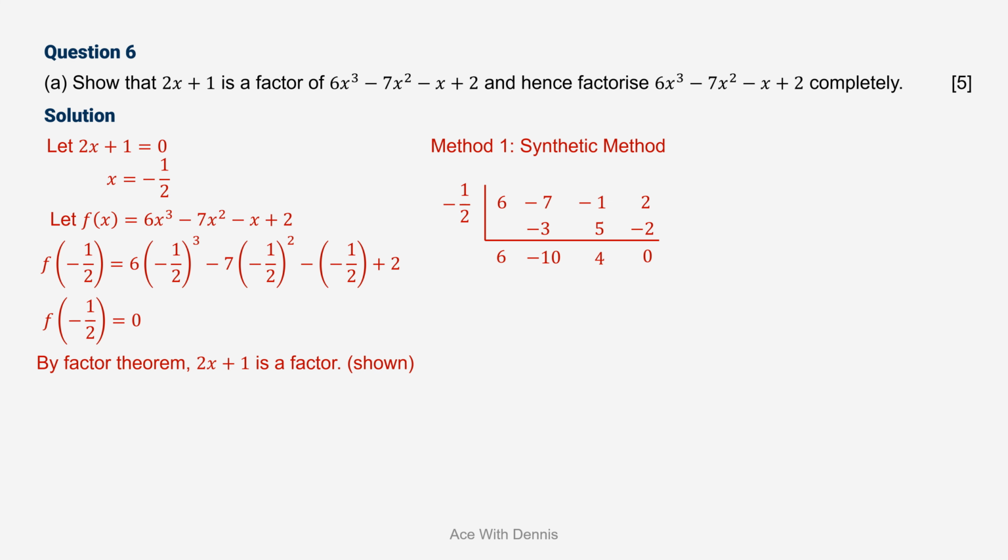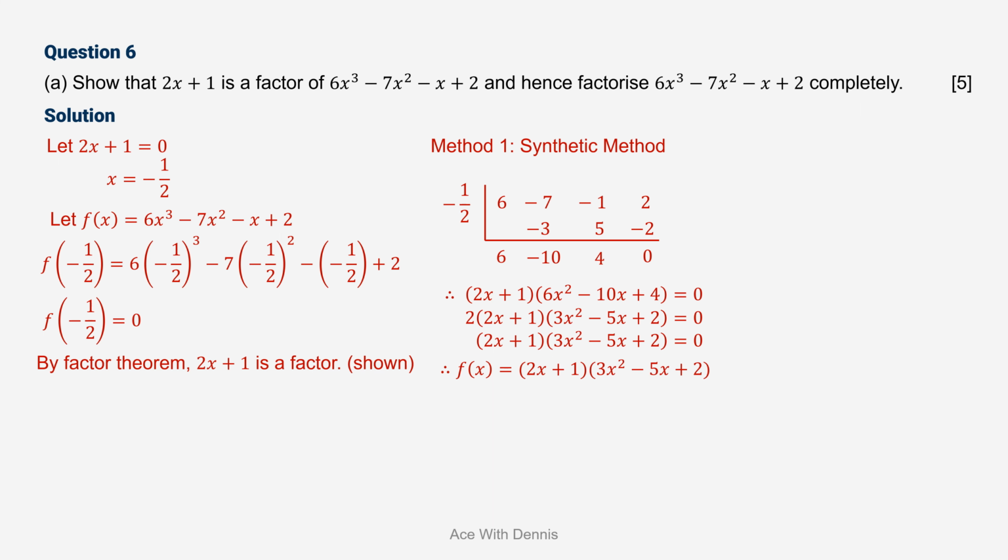So from here we will get 2x plus 1 times 6x squared minus 10x plus 4 equal to 0. We can factorize the 2 in the second bracket, so we get 2 bracket 2x plus 1 times 3x squared minus 5x plus 2 equal to 0. Then we will divide by 2 for both sides. We will get 2x plus 1 times 3x squared minus 5x plus 2 equals 0.